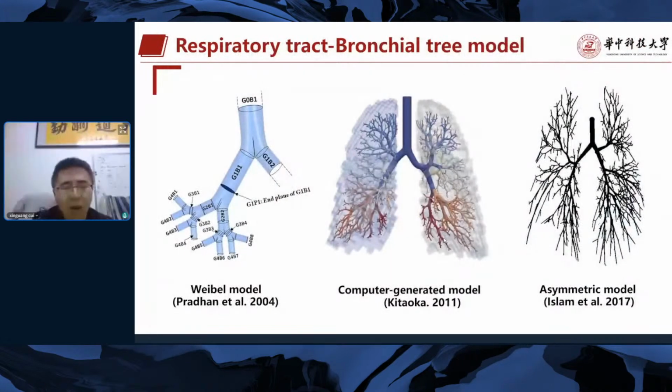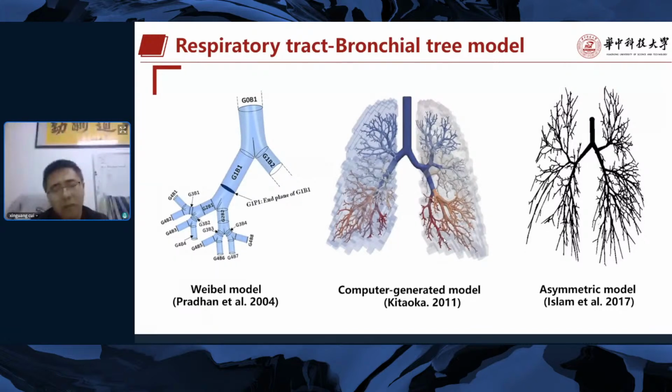And in fact, the lower airway can be called the bronchial tree array. For the bronchial array, you can see the lung array.